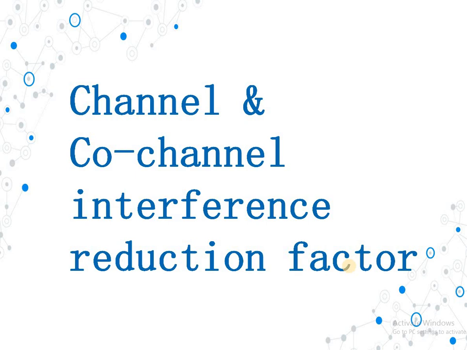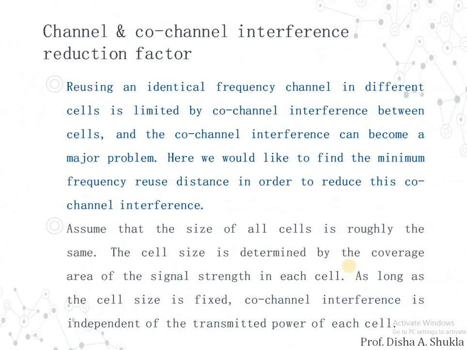Now there should be some kind of measures to reduce this co-channel interference, and how to reduce it can be measured using the co-channel interference reduction factor. So here we'll be learning about that. The channel and the co-channel interference reduction factor says that whenever you are reusing an identical frequency channel in different cells, it is limited by the co-channel interference between the cells, and the co-channel interference can become a major problem.